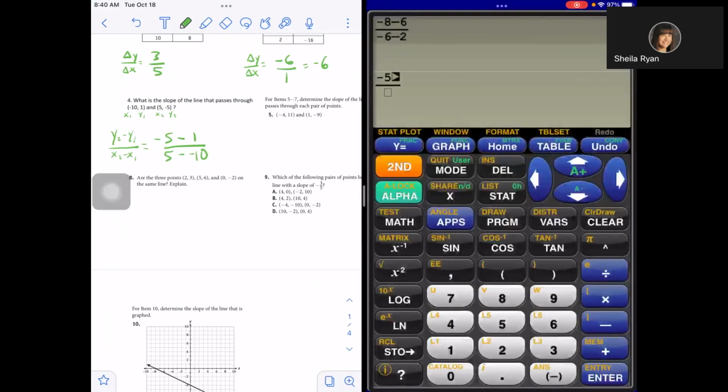With our fraction key, -5 minus 1 and 5 minus -10, we get a slope of -2/5.